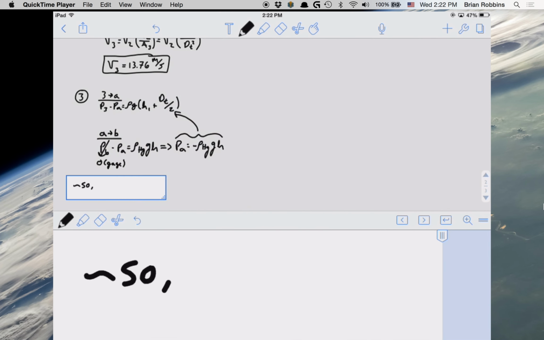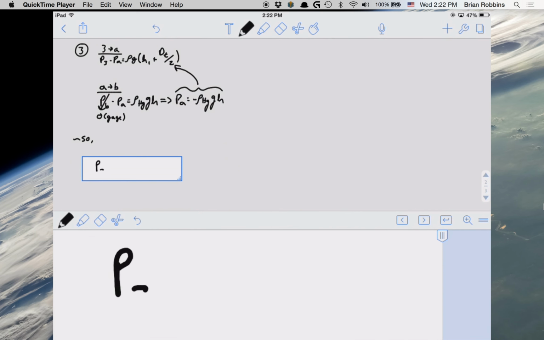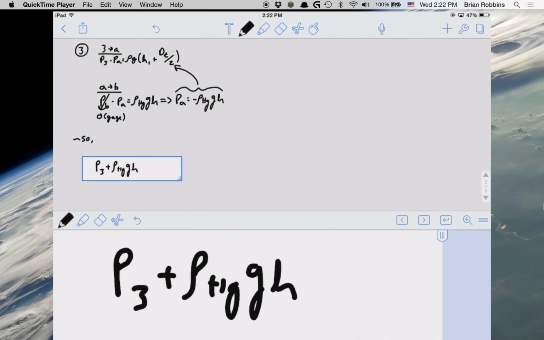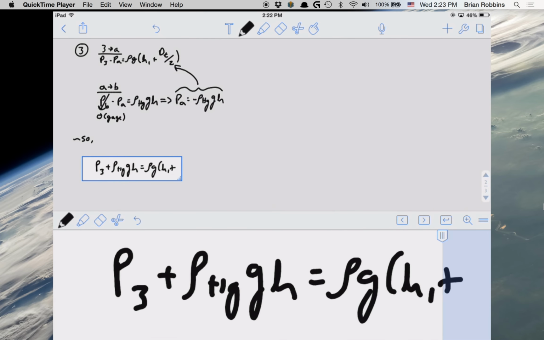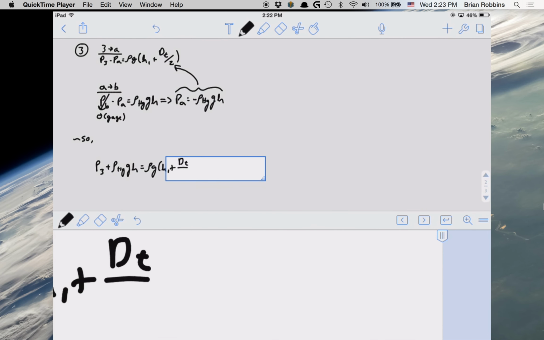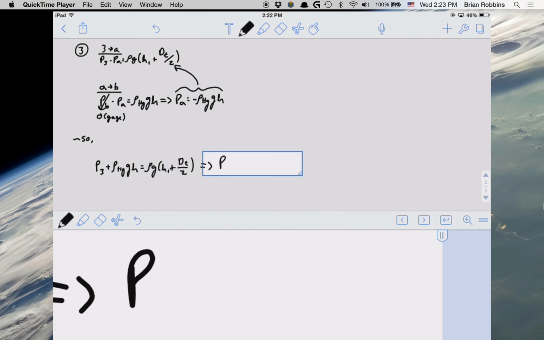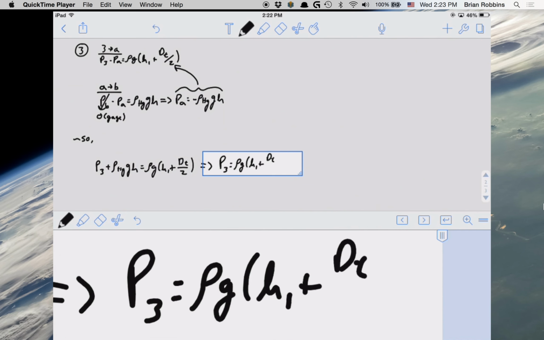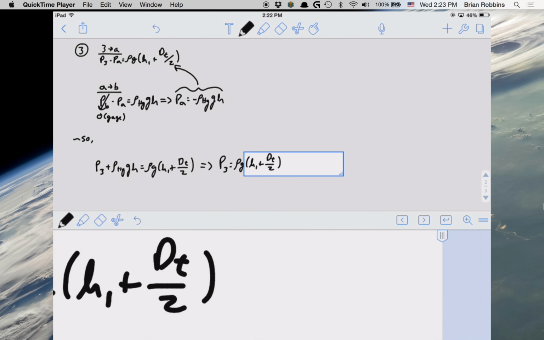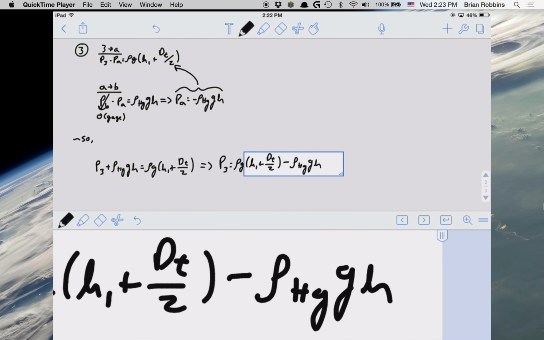So what we end up getting is P3 plus rho hg times gravity times height is equal to rho g h1 plus dt divided by 2. Now we can go ahead and solve this for P3. So we get P3 is equal to rho g h1 plus dt divided by 2 minus rho hg times gravity times height.